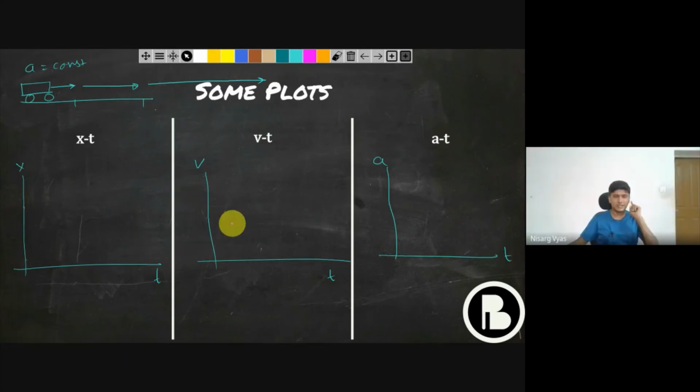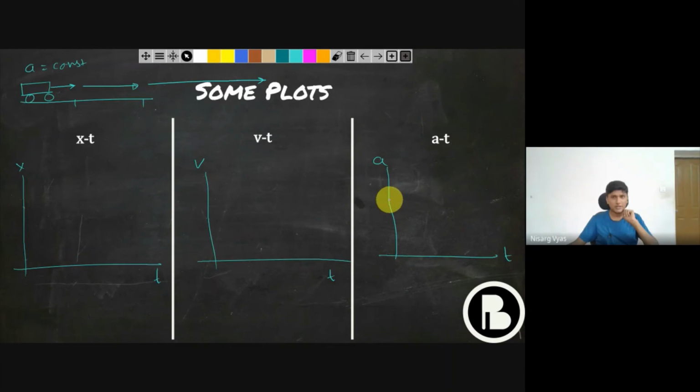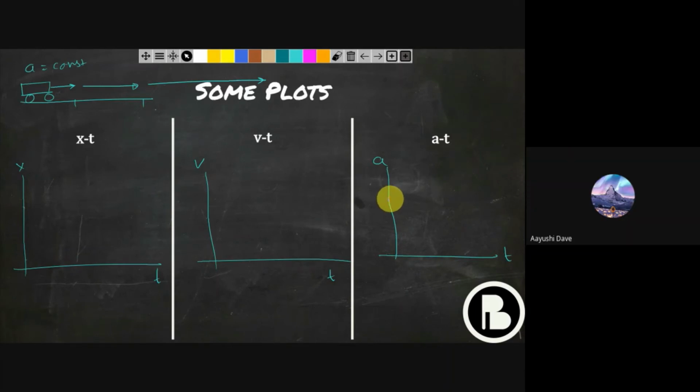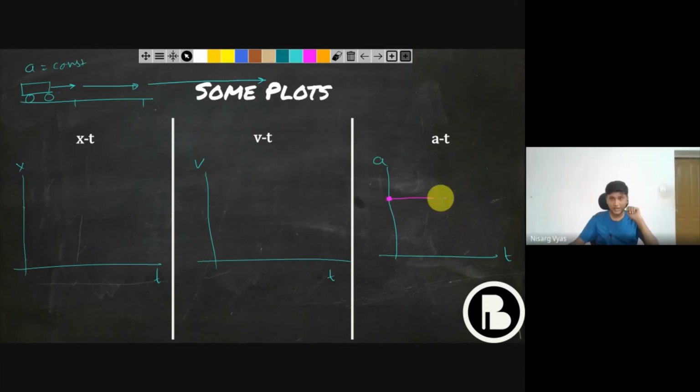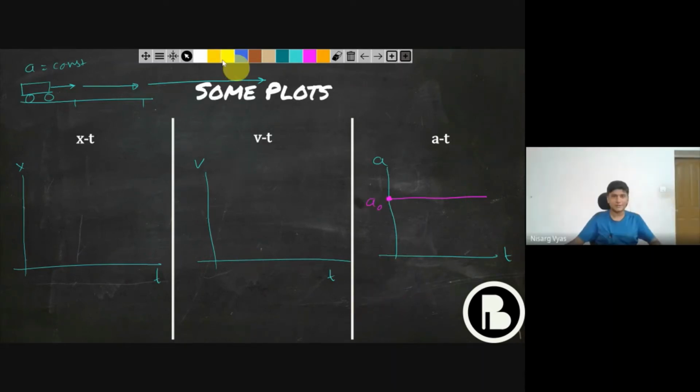Then the plot is parallel to t, at the value some a naught. Yes, sir. Okay, yes, this one. Now, since acceleration is constant, velocity is changing.